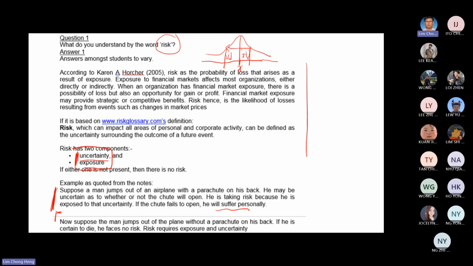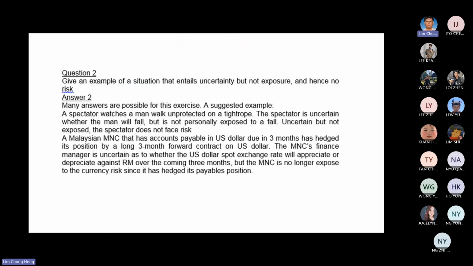Okay, simple. Now we come to question 2. Given the situation where we have uncertainty but no exposure, therefore no risk.